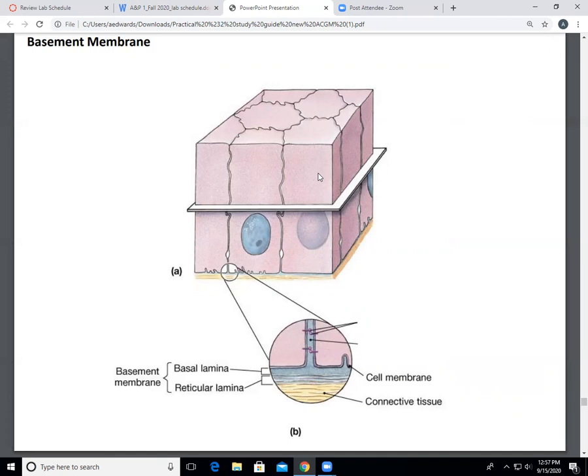The layer connecting to the cells is the basal lamina, and the layer connecting to the connective tissue underneath is reticular lamina. But you do need to know those three terms: the basement membrane and its components, the basal lamina and the reticular lamina.